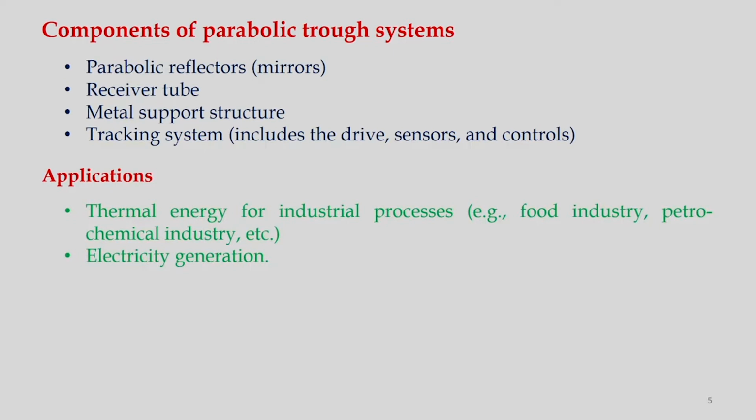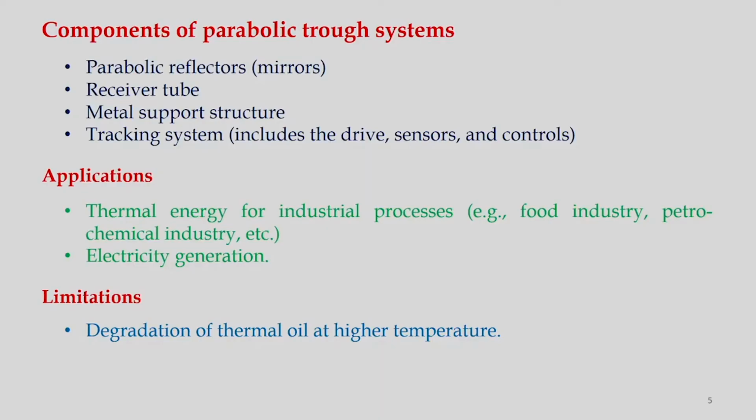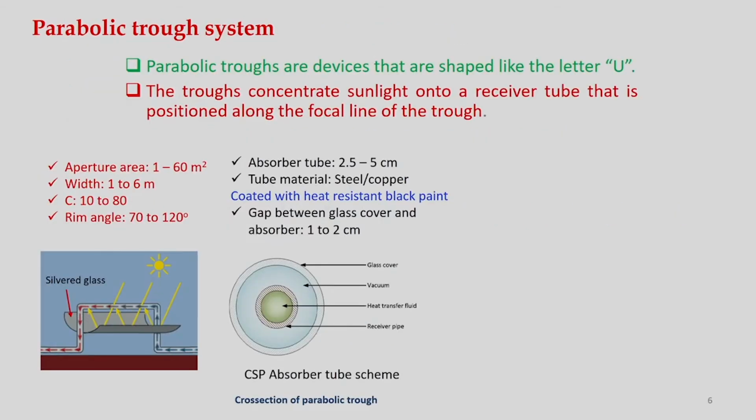We can use it for generation of thermal energy, for industrial processes, maybe in food industries, petrochemical industries or other such industries. And of course, we can use this kind of concentrator for electricity generation. The only limitation is that when you use thermic fluid, that fluid degrades with temperature. So, if we operate the system for a long time with the same heat transfer fluid, it degrades its capability or heat capacity.